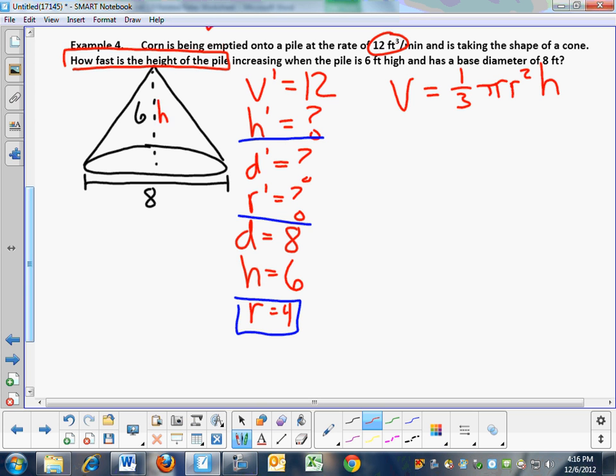Well, that's my height. That's my radius. So I know that my height divided by my radius is going to be at a constant ratio of, it is currently 6 over 4. Again, we want to solve for the radius. If I cross multiply, I get 4h is equal to 6r. Divide both sides by 6. I get 2 over 3 times h is equal to r.